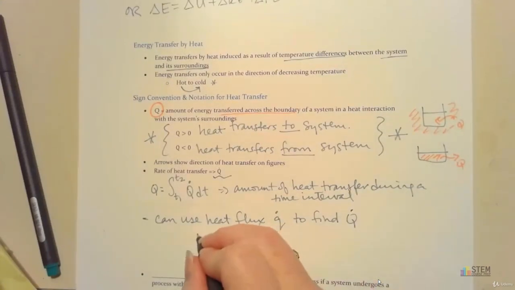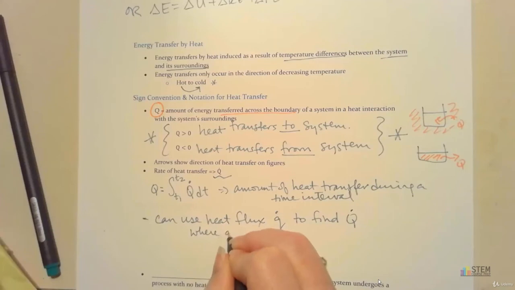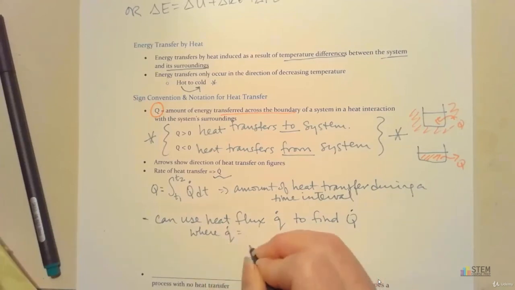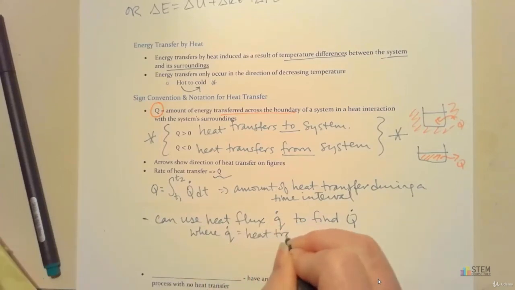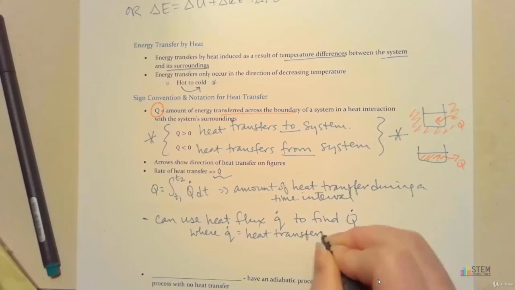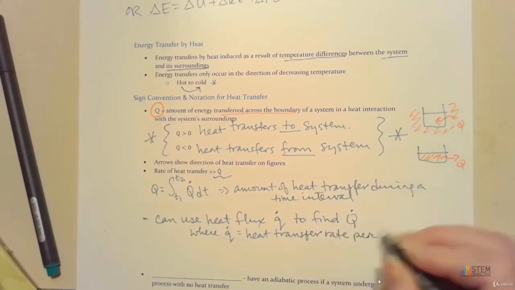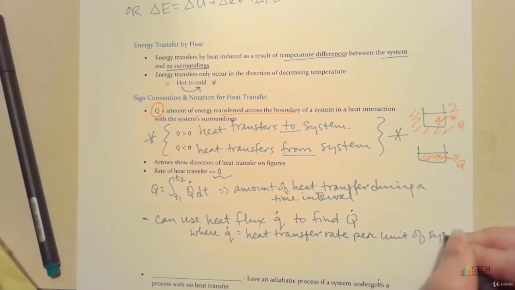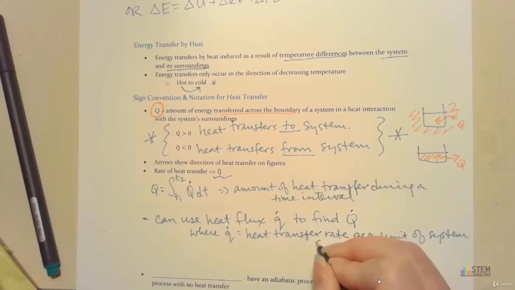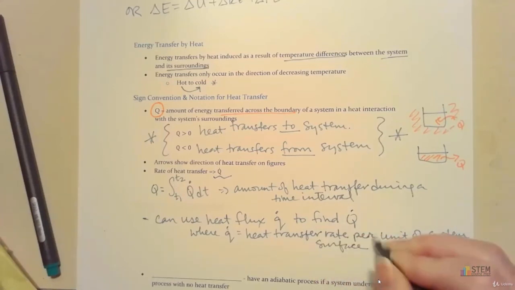Little q dot is the heat transfer rate per unit of system surface area. Okay, so that's all little q dot is. It's basically your rate per surface area.